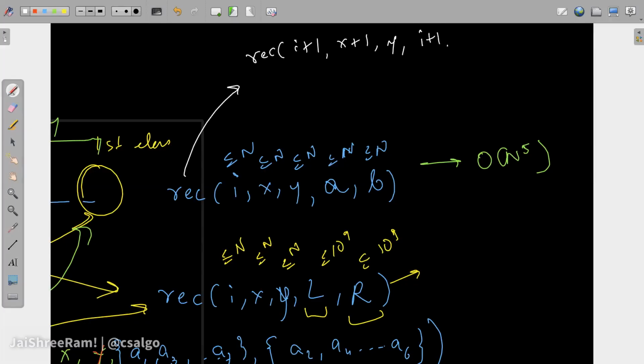I can go to this state, where I place the I plus 1st element at this position, and this can be b, or I can go to this particular state. The addition of all these will be the answer, because both are possible.